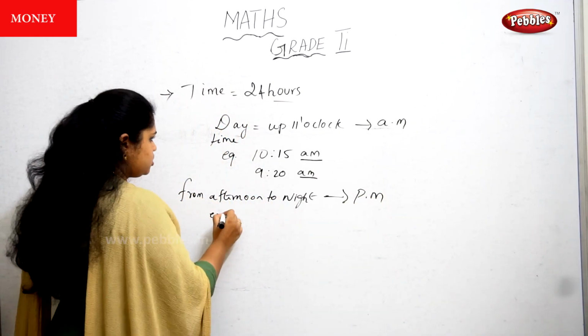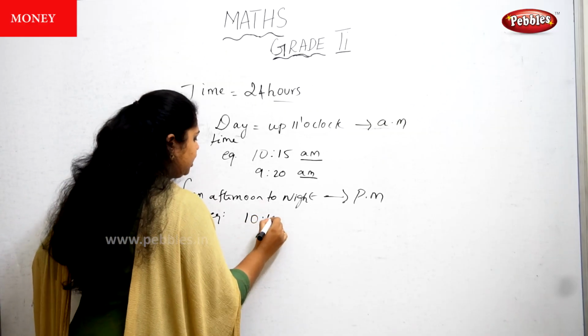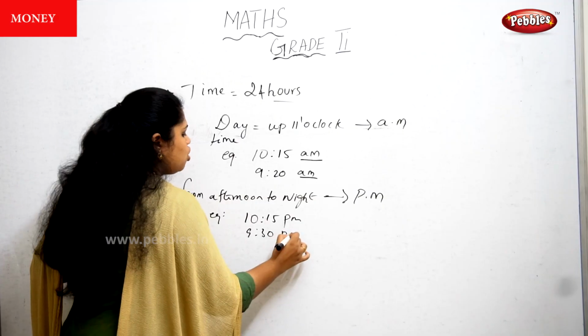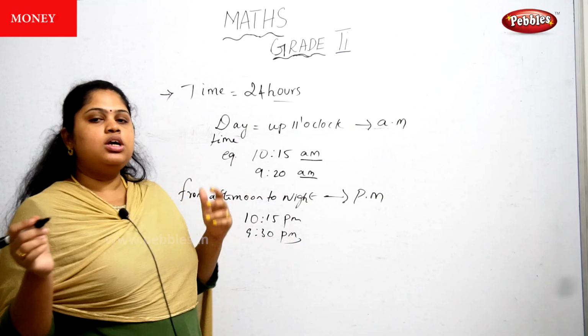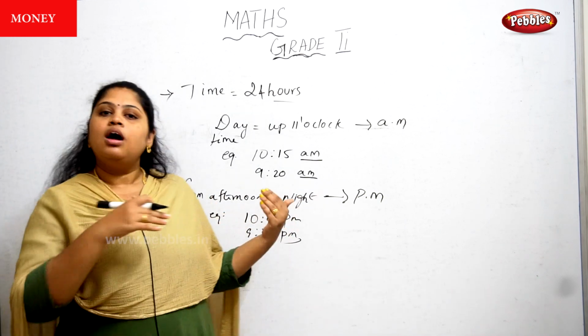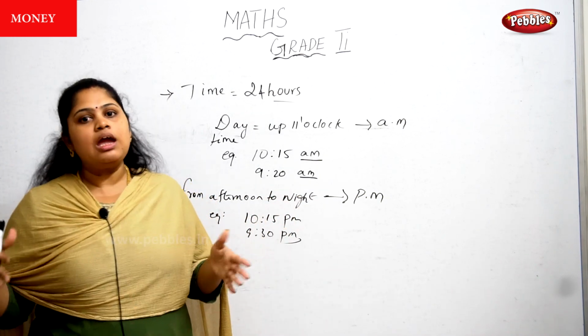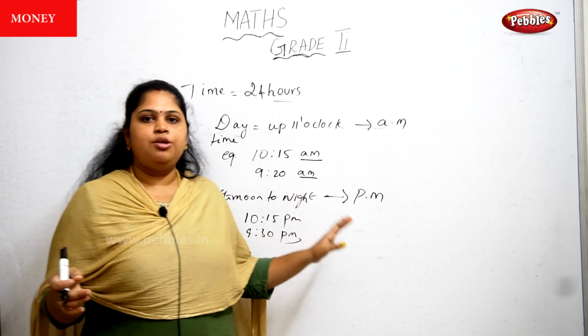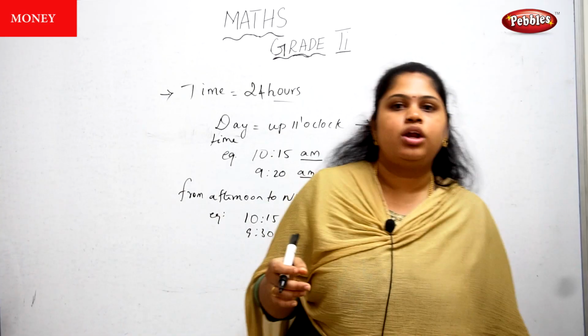For example, 10:15 PM, 9:30 PM. The PM refers to the time after 11 o'clock, or the night time. So AM and PM are very important while you are studying about time.